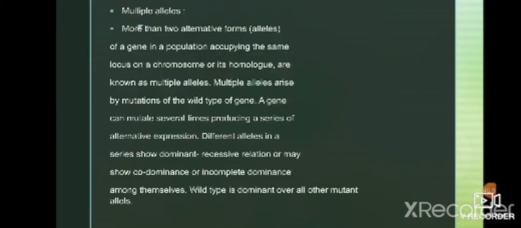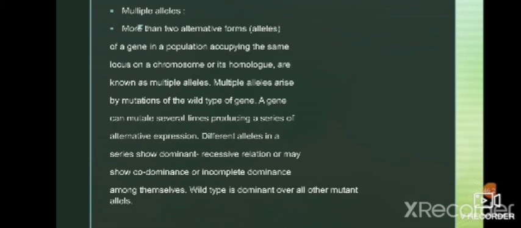Multiple alleles. More than two alternative forms of alleles of a gene in a population occupying the same locus on a chromosome or its homologue are known as multiple alleles. Multiple alleles arise by mutation of the wild type gene.